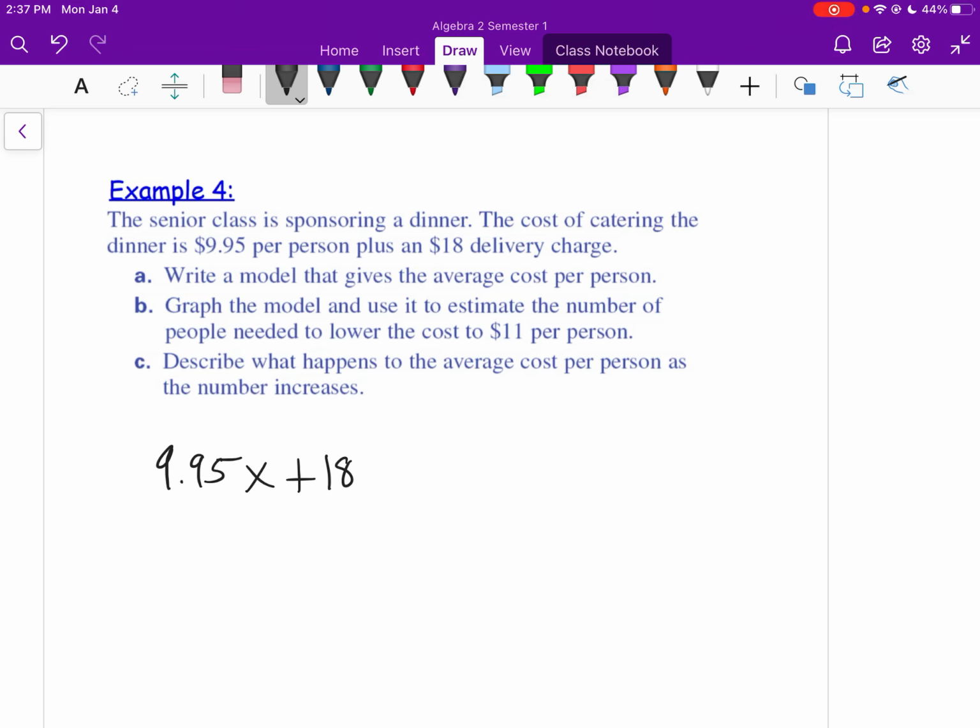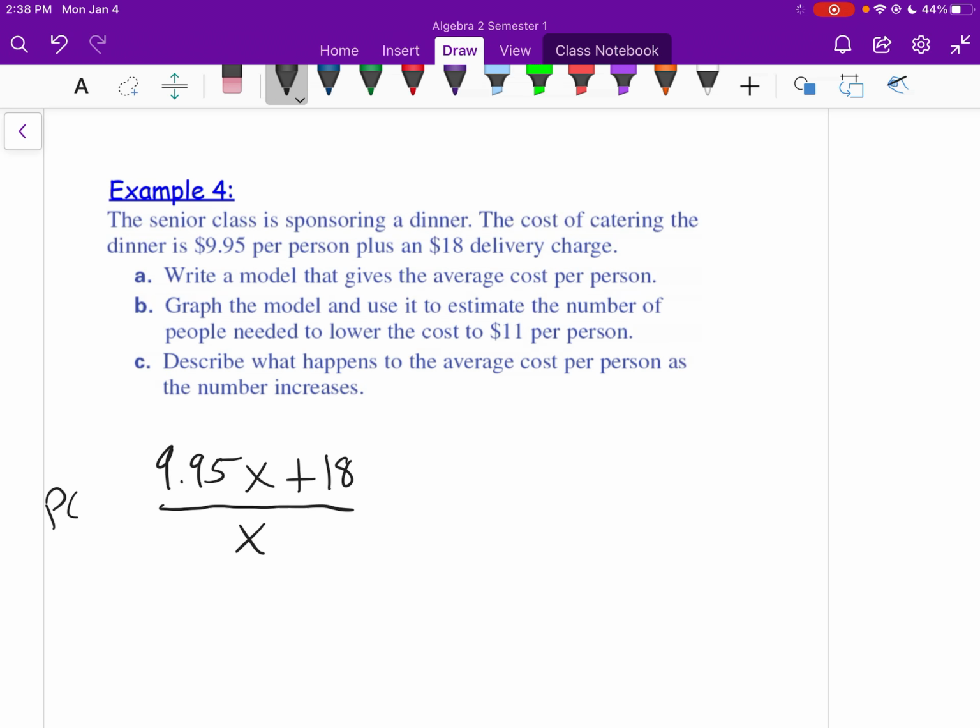Now, in order to find the average price, okay, that's the total price right there. Is it $9.95 times however many people you have plus that 18. In order to find the average price, you got to divide by how many people you are going to serve. Okay, so there is our model, and we'll say P of X, the price depending on how many people eat.